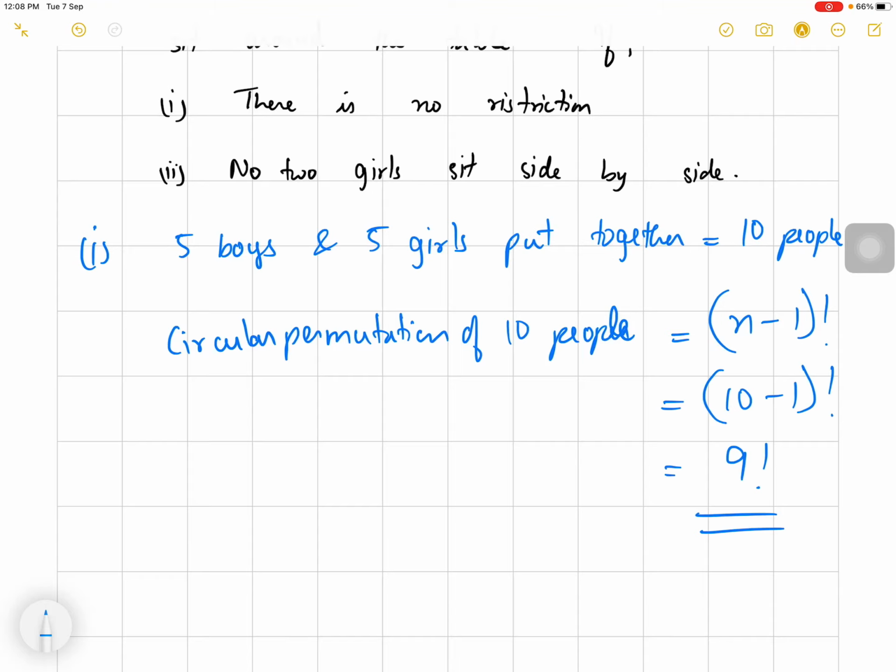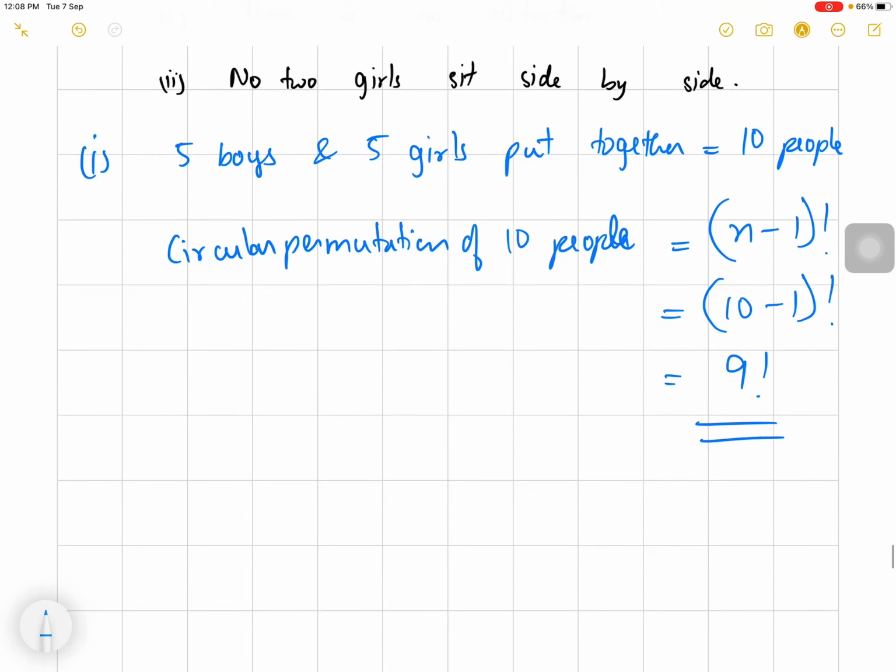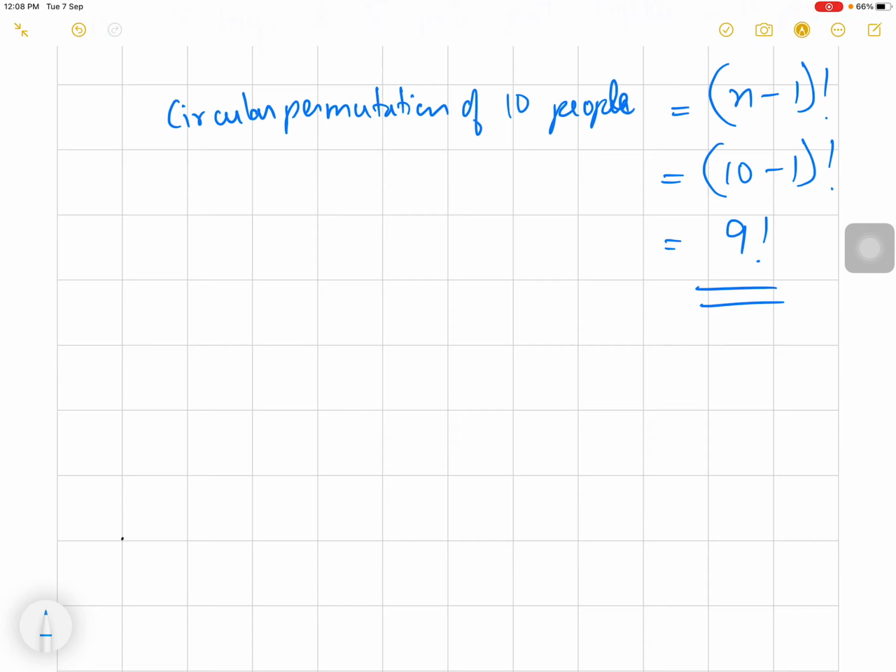When there are 10 people sitting in a circle, the answer will be 10 minus 1 factorial, so 9 factorial. And 9 factorial is equal to 9 into 8 into 7 into 6 into 5 into 4 into 3 into 2 into 1.